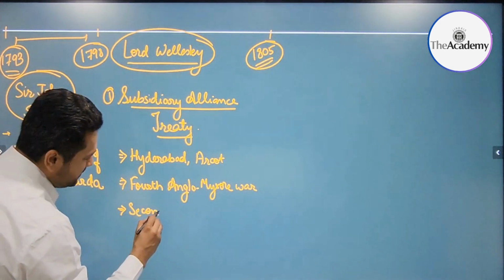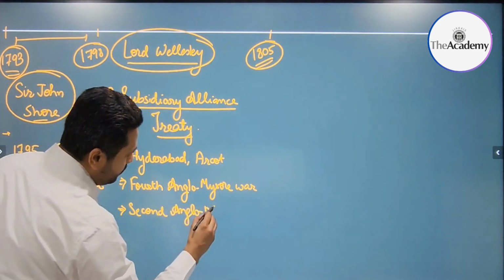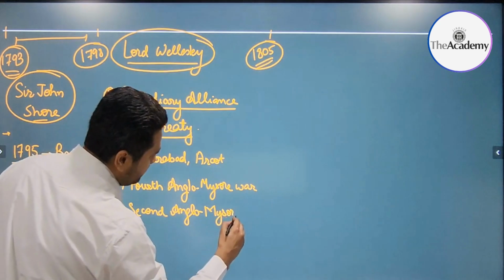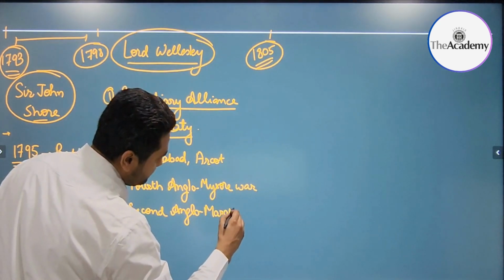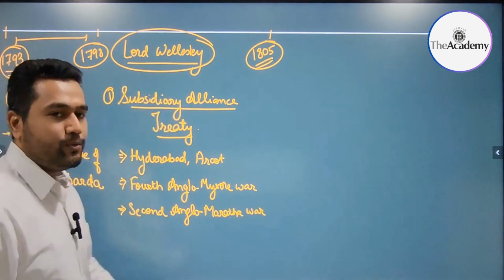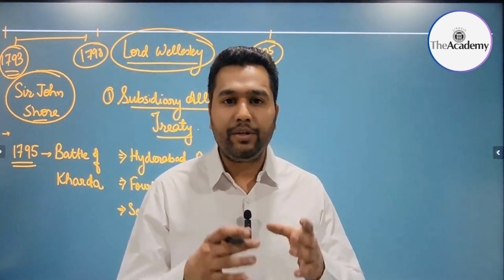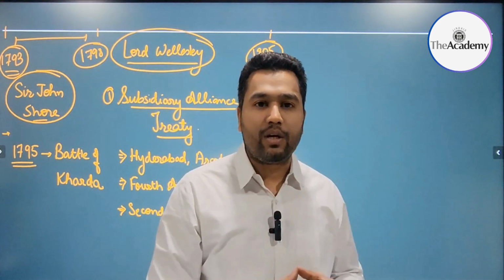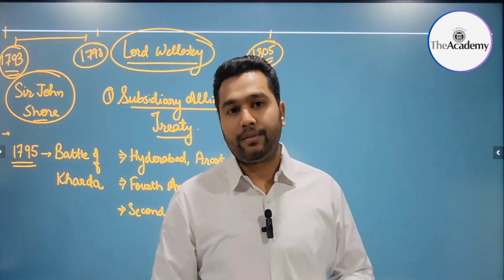There would be the Second Anglo-Maratha War, ending into the Treaty of Bassein, Treaty of Devgaon, Surji Arjangaon, as well as the Treaty of Rajghat.